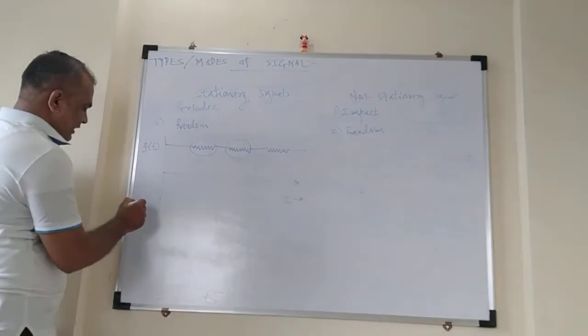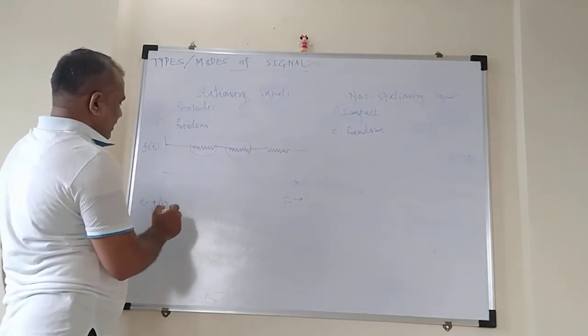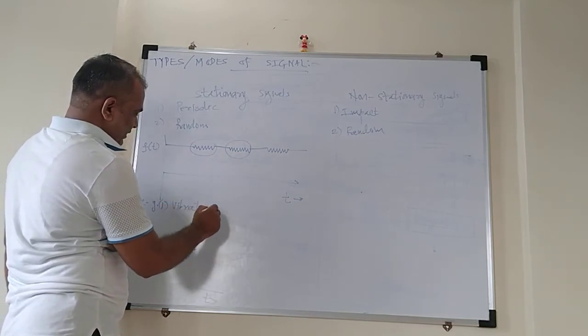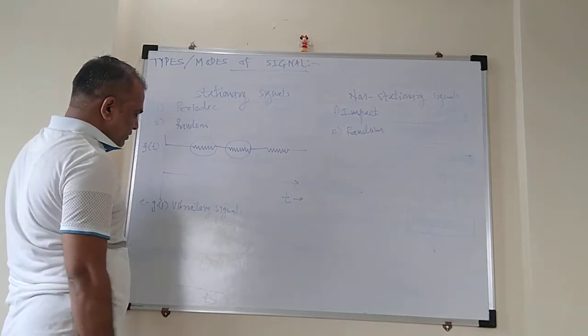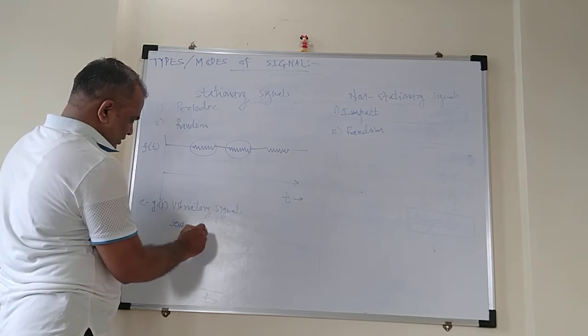And let's take this example. The example of this kind of signal is a vibratory signal, and the best example of a vibratory signal is a sewing machine.